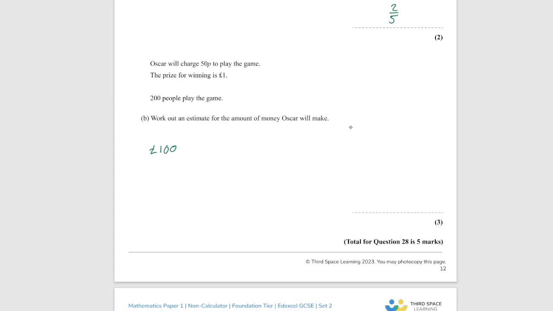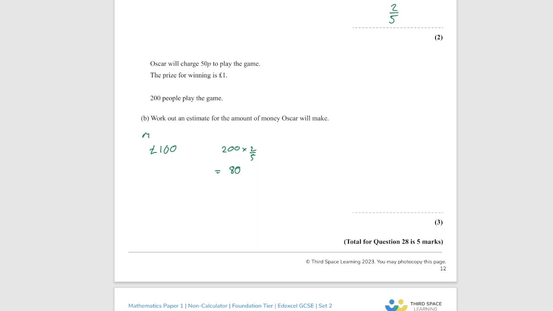However, he would have to pay it out to 2/5 of the people, so 200 times 2/5, 100 divided by 5 is going to be 20, so he would have to pay out 80, so we would expect him to pay out £80.